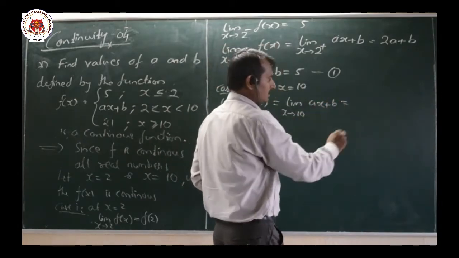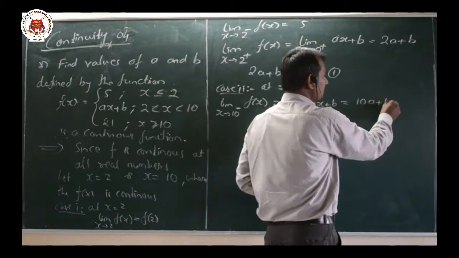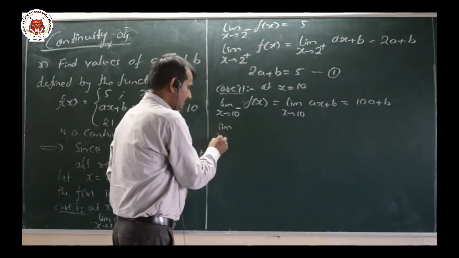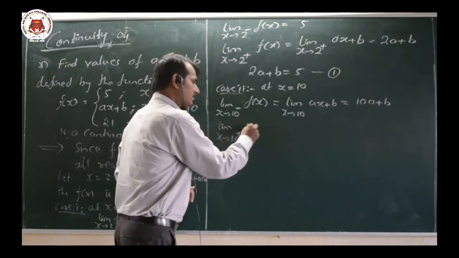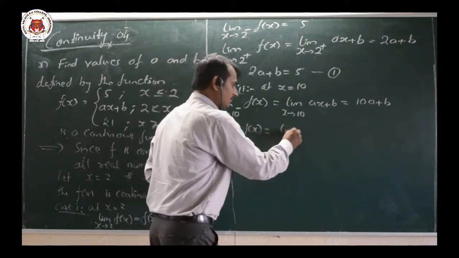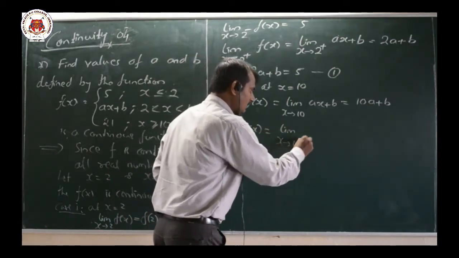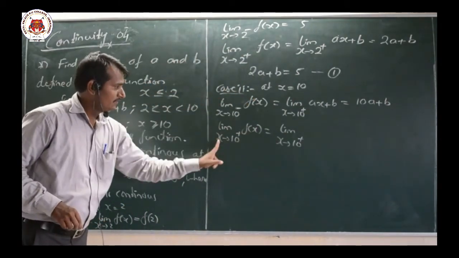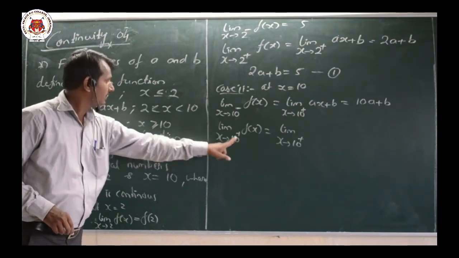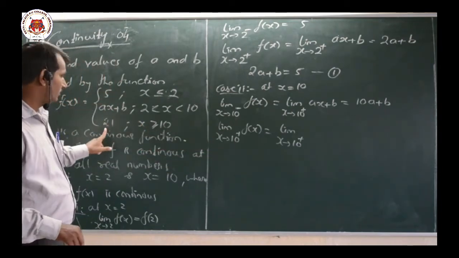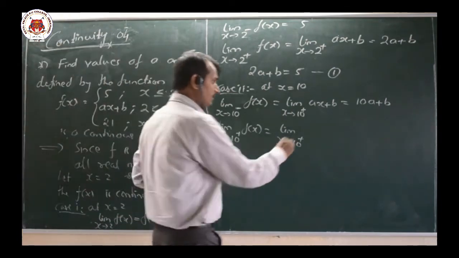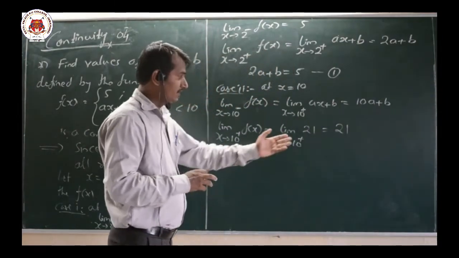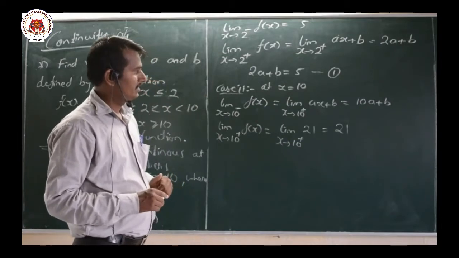If I substitute 10 here, we get 10a plus b. Similarly for the right hand limit, that is the limit as x tends to 10 plus of f of x. What is the function value when x is greater than 10? The value is directly 21.